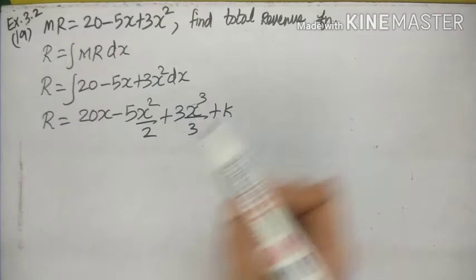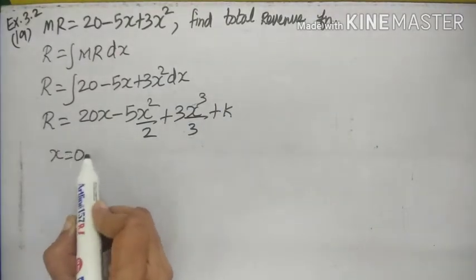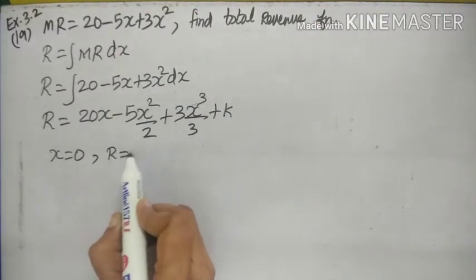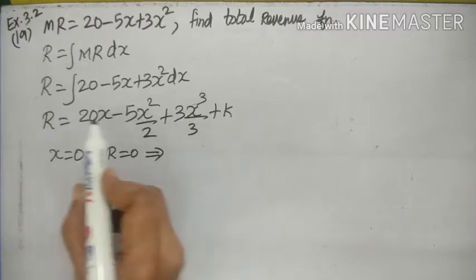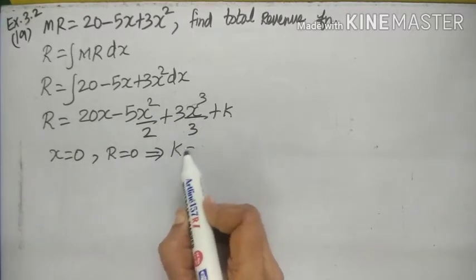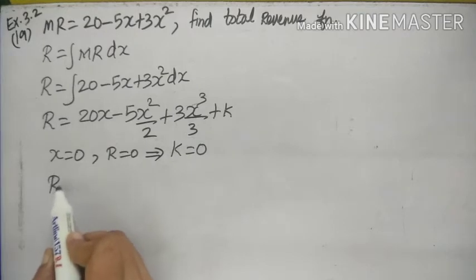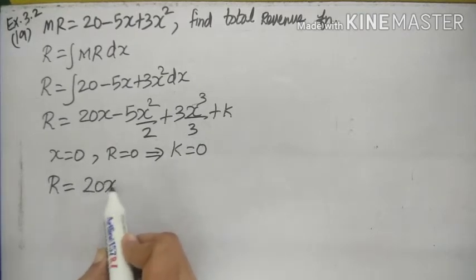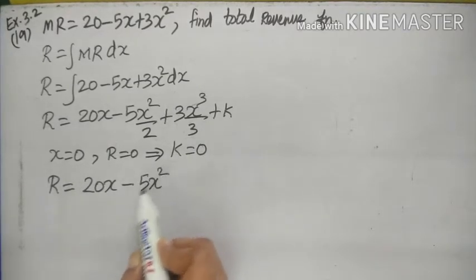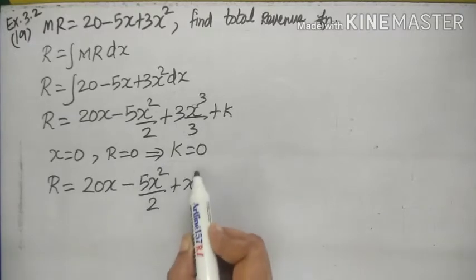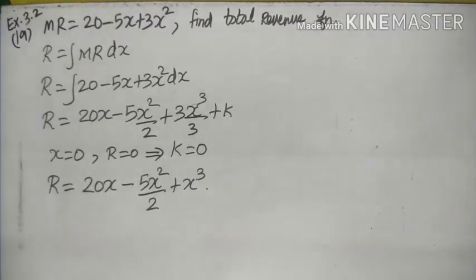Again, there is no given condition, implies x is 0, R is 0, so k is also 0. So we get R is equal to 20x minus 5x square by 2 plus x cube.